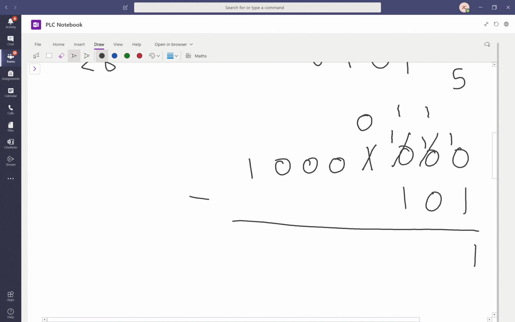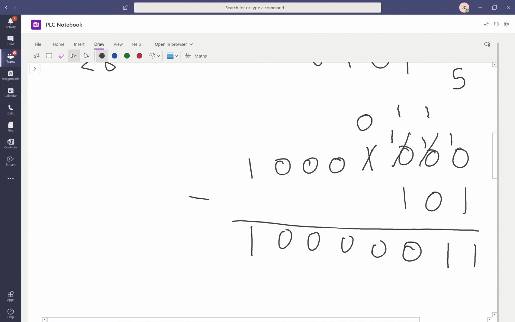Okay, so here now we have 1 take away 0, which is 1. We have 1 take away 1, which is 0. And actually we've got 0 take away 0, 0 take away 0, 0 take away 0, 0 take away 0, and 1 take away 0.